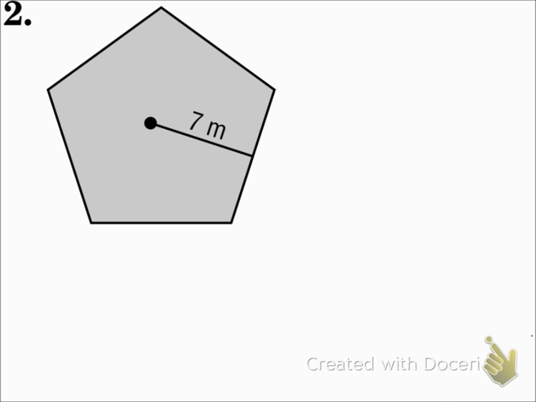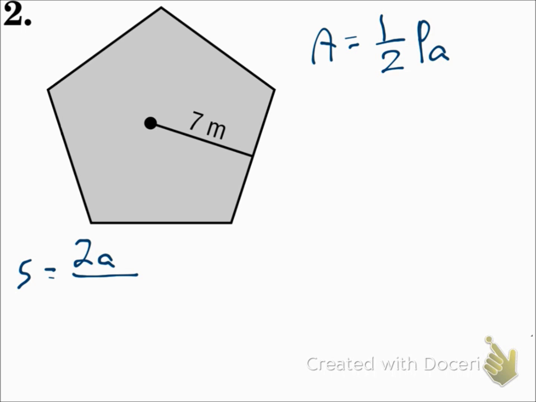Number 2 is a regular pentagon. Area equals half perimeter times apothem. I don't know the perimeter, but I can find a side length. If I use my apothem chart to get the measure of a side, a side equals 2 times the apothem over the tangent of 54 degrees. 54 degrees is because it's a pentagon.